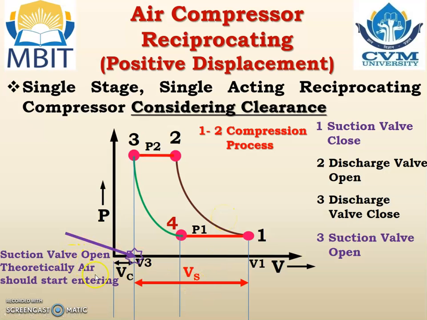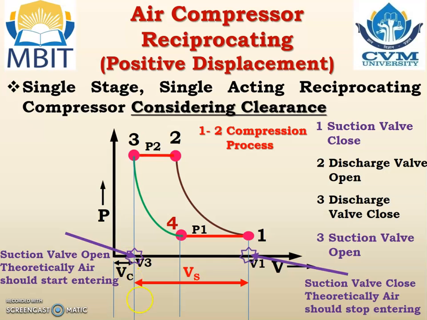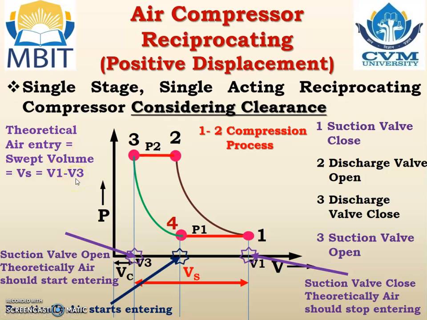Suction valve open: theoretically air should start entering, means at point number 3, that is V3, the suction valve should open and theoretically air should start entering from this position, and at suction valve closed, theoretically air should stop entering. So it should start entering from this point and it should stop entering from this point. And so theoretically air entry is equal to swept volume, which is V1 minus V3. But practically air starts entering from point number 4, that is V4 here, and practically air stops entering at point number 1.